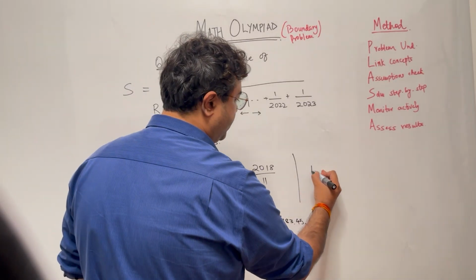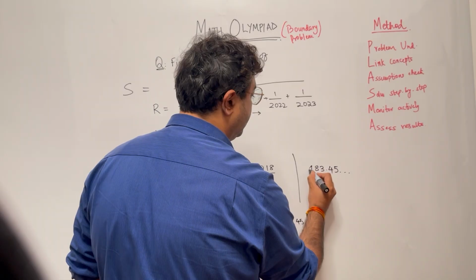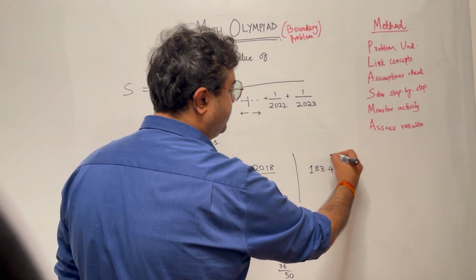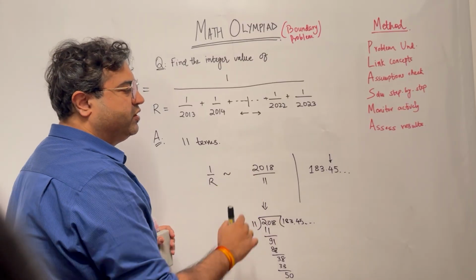So this gives us 183.45 and so on. Our objective was to get the first decimal place, which we have approximated to be 4.